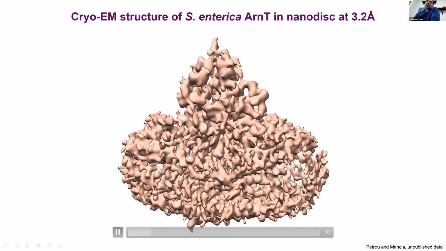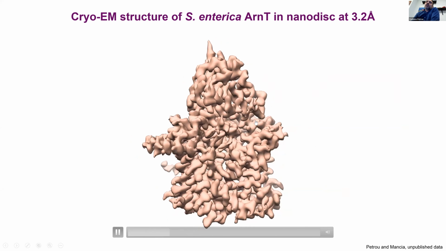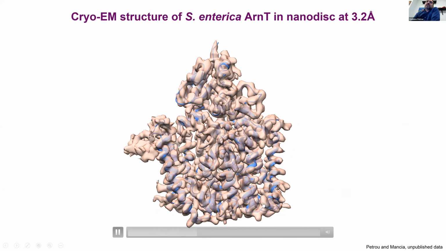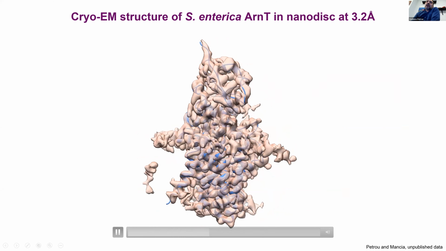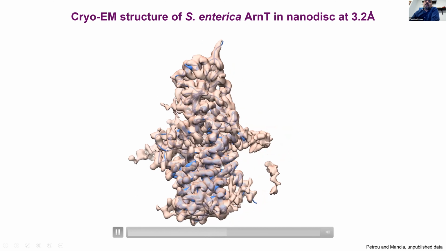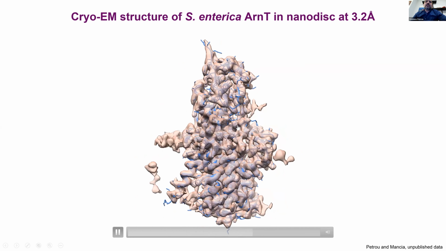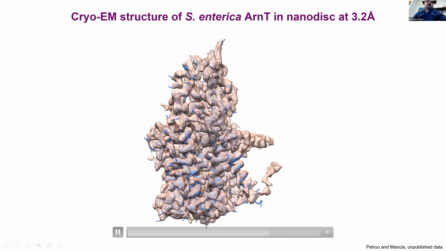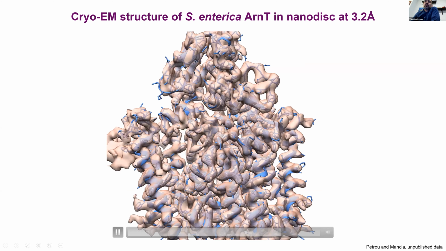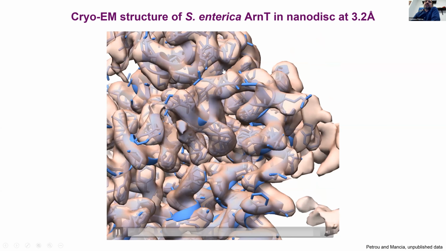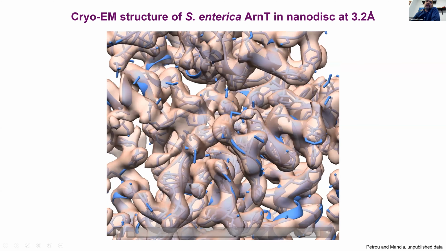And if we switch to high contour, then you see mostly the protein densities with nice helices, the model overlaid, also with side chains. And we can see many nice hydrophobics.